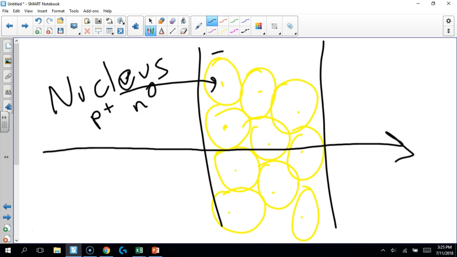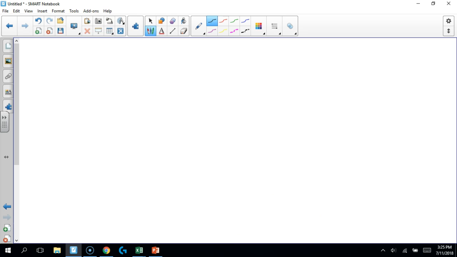So if we blow up what an atom looks like, the gold foil experiment told us that there are protons and neutrons on the inside, and then around the outside there may be an electron here, an electron here, that travel around the nucleus.